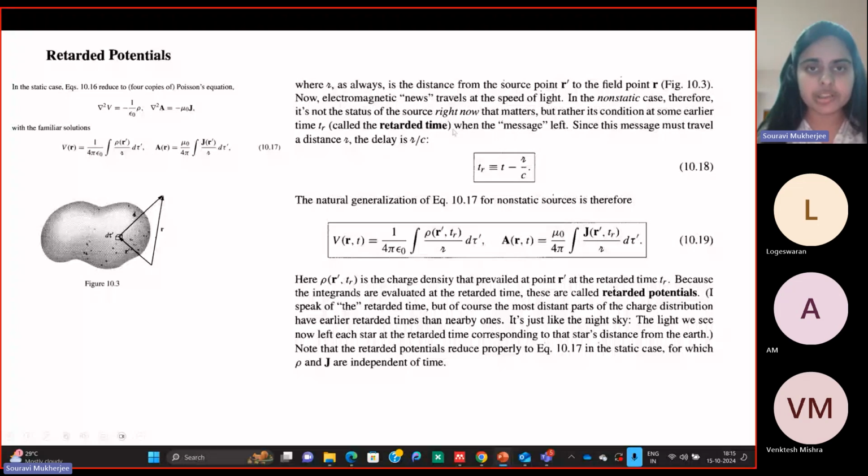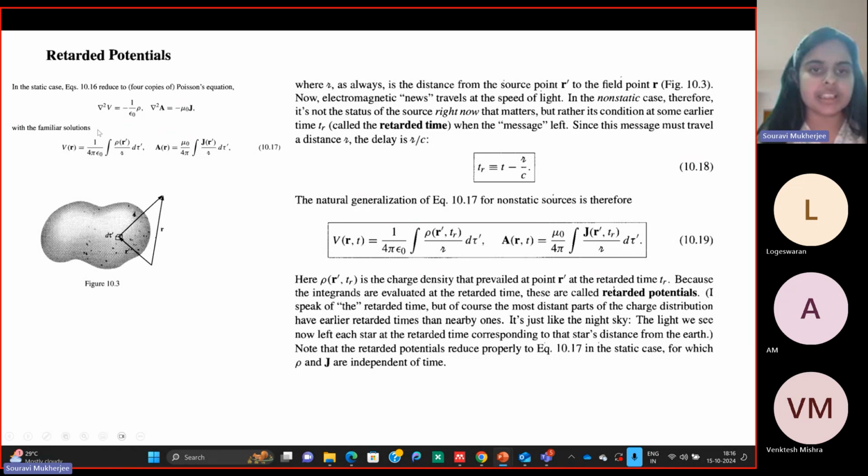Why? Because suppose you have this expression, where rho is the charge density at a certain point of time. At some later time, if your rho changes, that would not be immediately reflected in the potential. Why? Because we know that electromagnetic waves travel at the speed of light. So it should take some time for the information about this change to propagate to our field point, right?